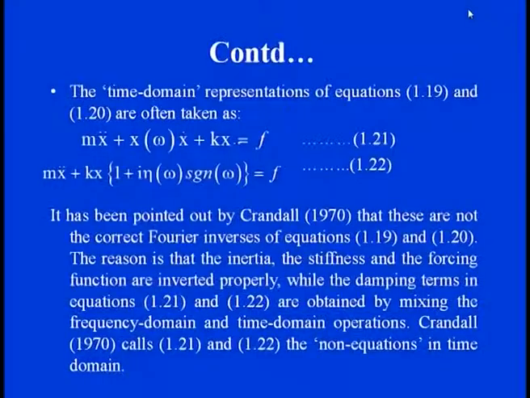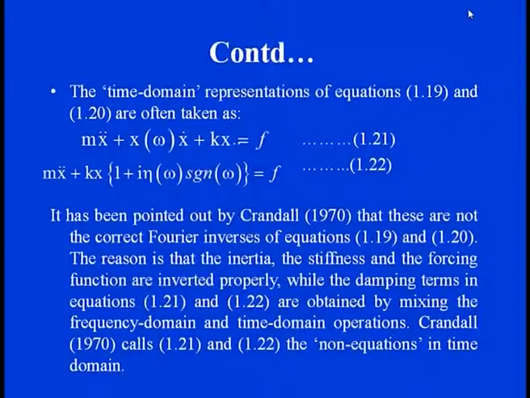But if we want to describe this variation in the time domain, as we discussed already in our previous cases, then it is a simple equation for all these kinds of forces: m x double dot, meaning m d2x by dt square, plus c x dot.